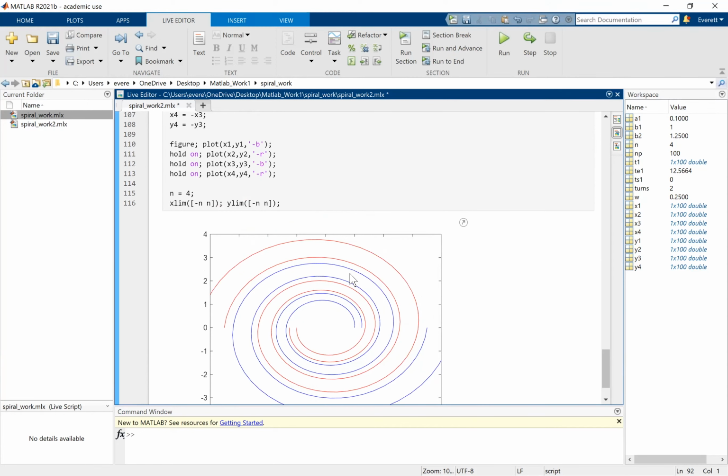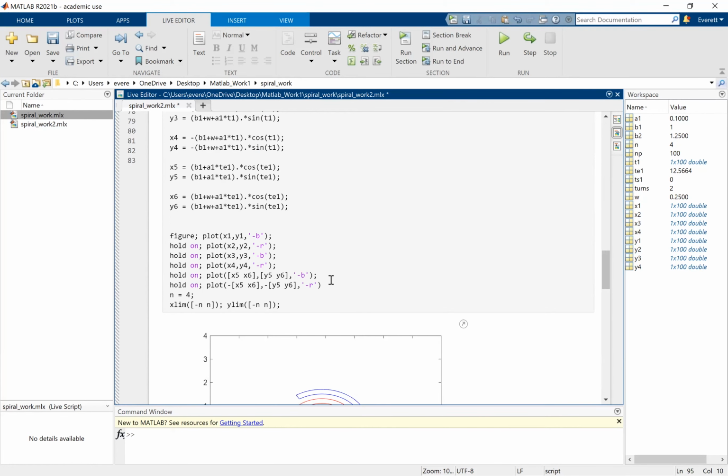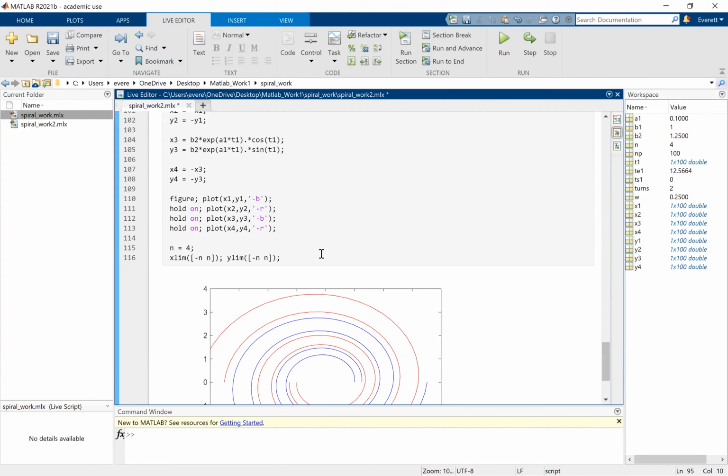And we can also see that we're only using 100 points right now, as opposed to our Archimedean spirals, which we used 500 points. So this is what I mean by equiangular spirals. You don't need that many points compared to Archimedean spirals. So that's why I like using equiangular spirals at this moment.